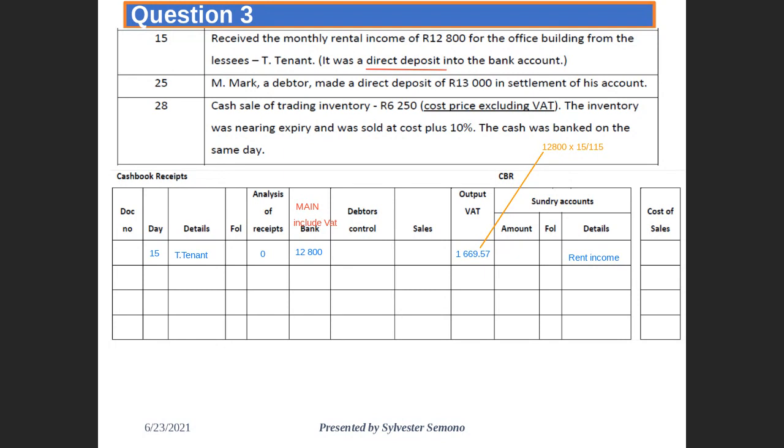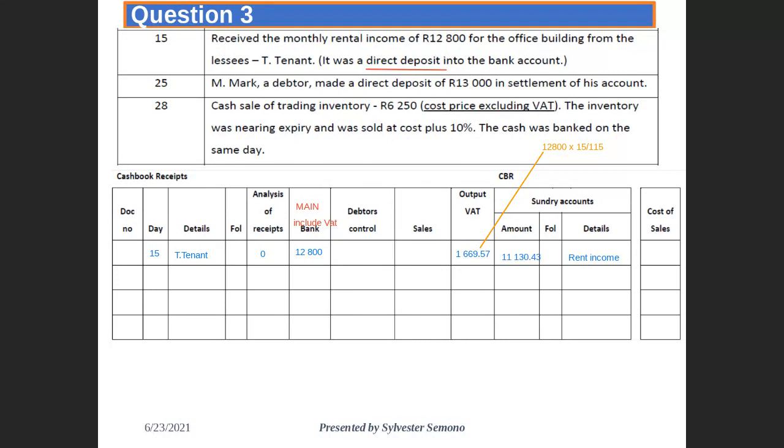So it means, the minute I record rent income under sundry, I must have an amount here. The amount is going to be very easy. The difference between 12,800 and 1669.57 will be the amount for rent. How much is it? 130.43.